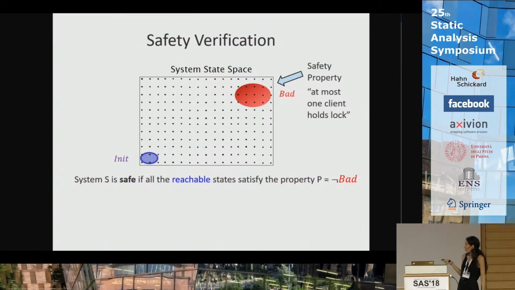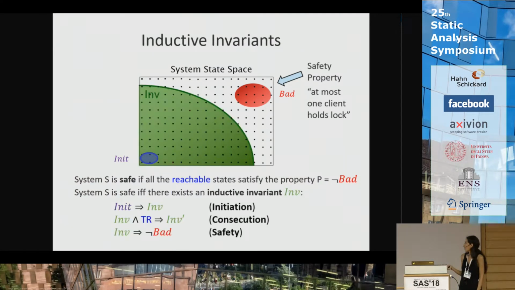The system is safe if all the reachable states satisfy this property, so none of them is bad. When we want to verify safety, especially for infinite state systems, one of the prominent ways of doing that is by finding an inductive invariant. An inductive invariant is a property, some formula that describes a set of states and satisfies three requirements.